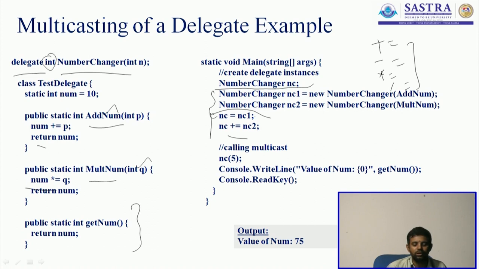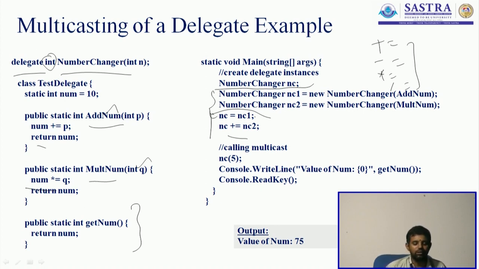So there are two operations going to happen. One is AddNum. The already existing value of num is 10, and the value received is 5. So 10 plus 5, 15 will be there.